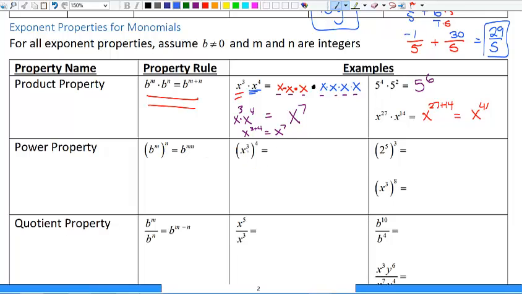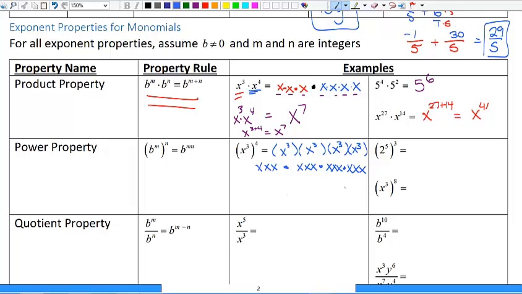On this first problem, we have x cubed to the fourth. Now let's just kind of work it out to make sure that you understand why this works. Anything to the fourth power means write the inside 4 times. So I have x times x times x multiplied by another x times x times x multiplied by another x times x times x and another x times x times x.